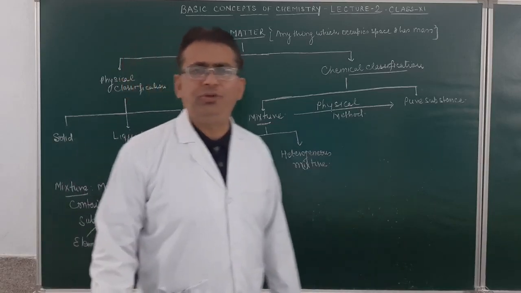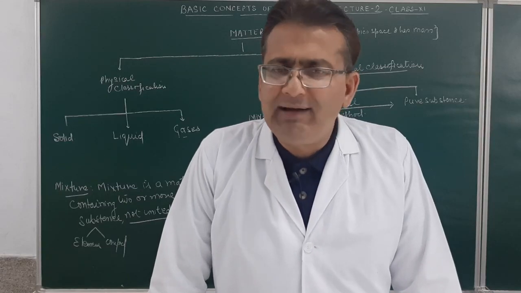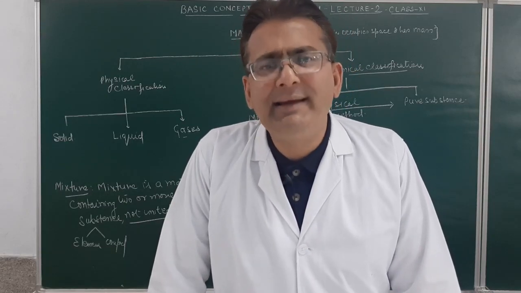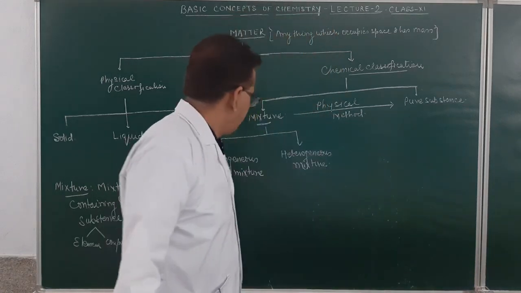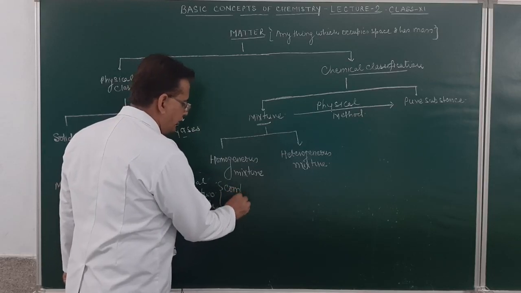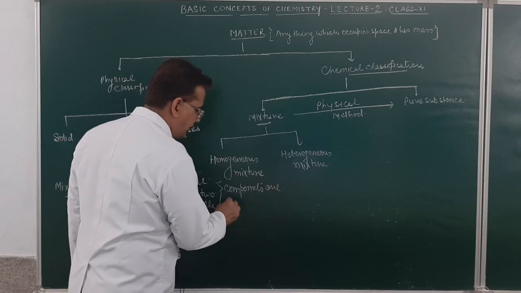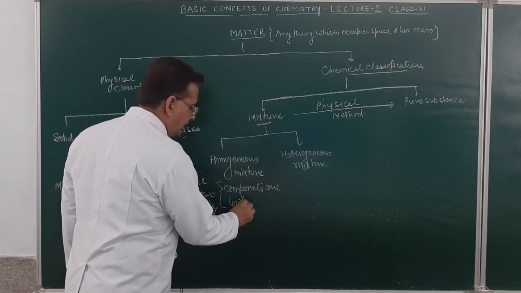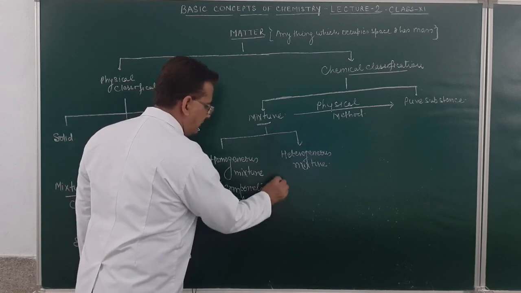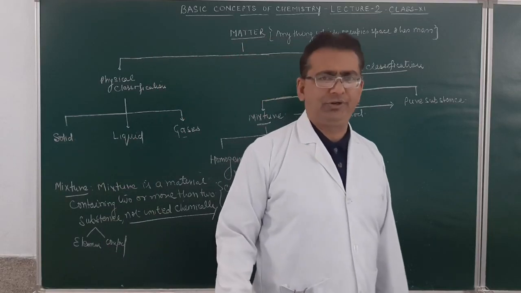So what are homogeneous mixtures? Those mixtures in which the components are uniformly mixed. They are normally single phase. So if the components are uniformly mixed, those mixtures are called homogeneous mixtures.